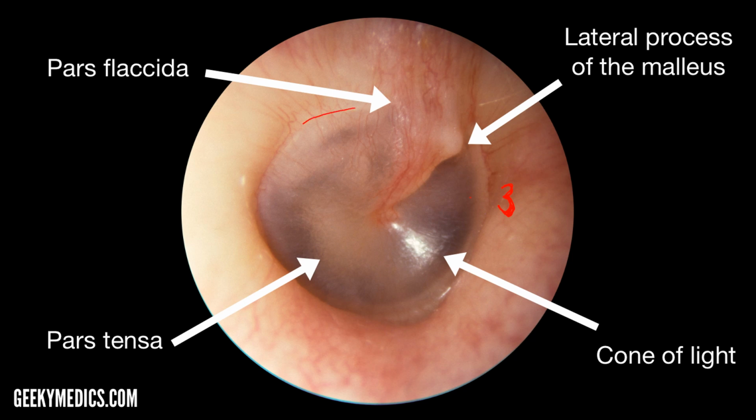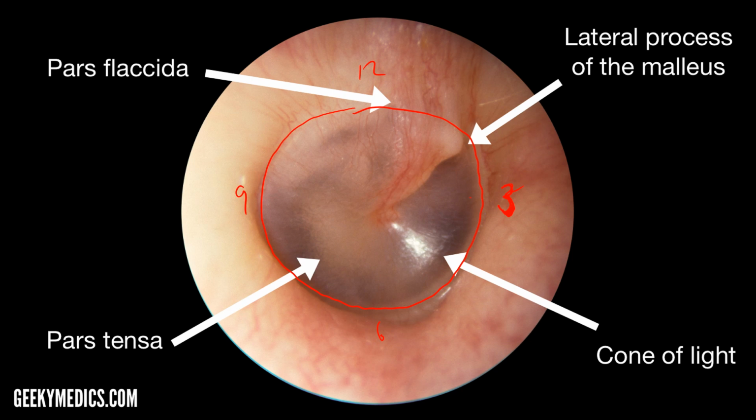So if I draw a circle around our tympanic membrane here, we would have 12 at the top, 6 here, 3 to the right, and then 9 o'clock here, and you can orientate yourself in this fashion in order to identify the position of certain lesions.